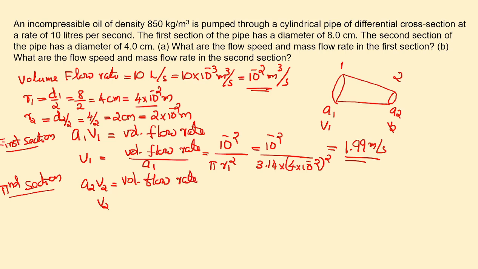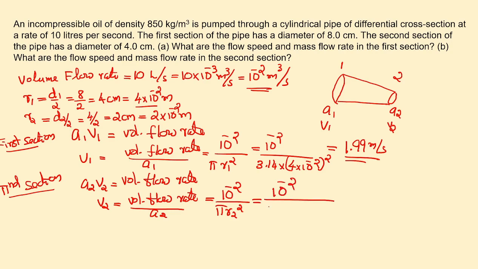So V2 is equal to the volume flow rate divided by A2, that is 10 raised to negative 2 divided by pi R2 square, equal to 10 raised to negative 2 all divided by 3.14 into 2 into 10 raised to negative 2 square.